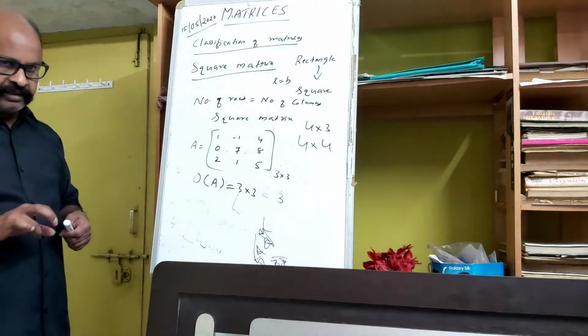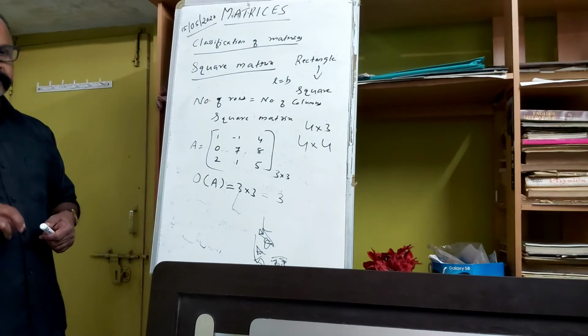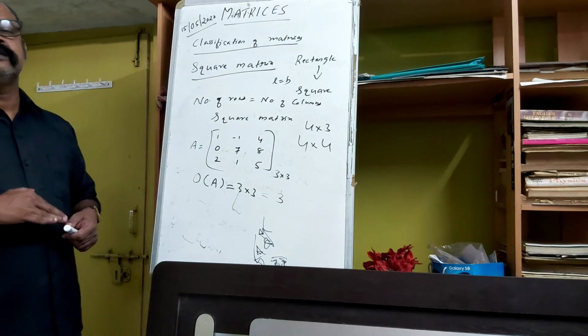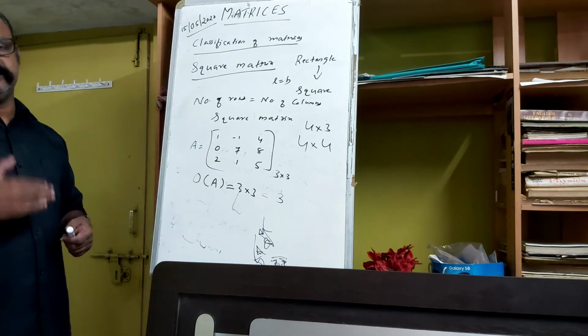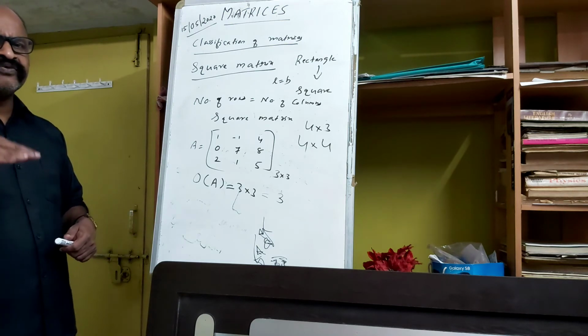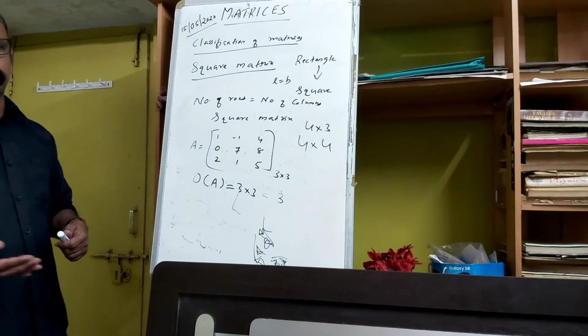So it is better to try to correlate the new things with the existing things. Then the matter will become more clear and we don't feel it as a new thing. We just feel it as a continuity of our knowledge.